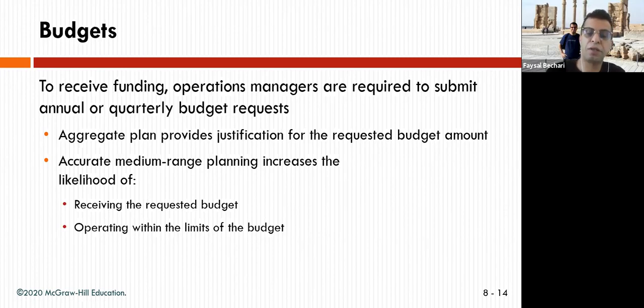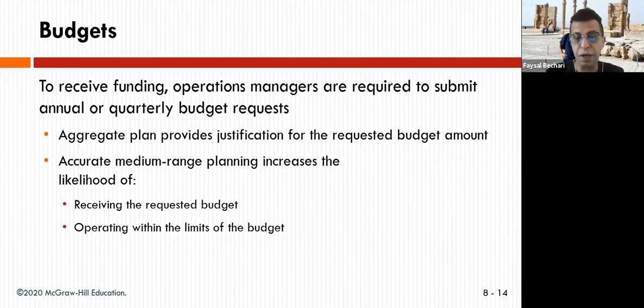The aggregate plan provides justification for the requested budget amount. So if there is a demand of 8 units, you have to plan for a budget of 8 units. If there is a 10, plan for 10. If it's a 5, plan for 5, a little bit more or less.